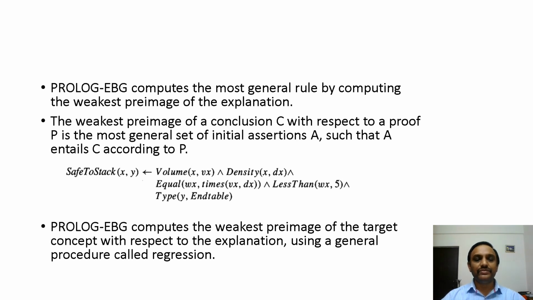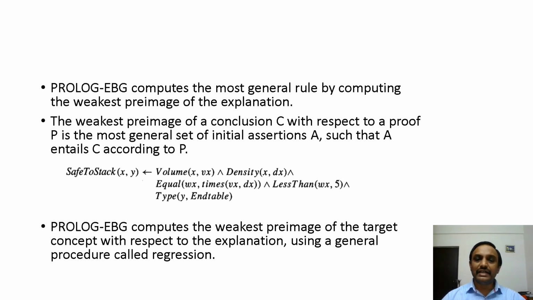For that, it uses a general procedure called regression. Here, Prolog EBG computes the most general rule by computing the weakest pre-image of the explanation. What is this weakest pre-image? For all the assertions, first it considers one initial assertion.